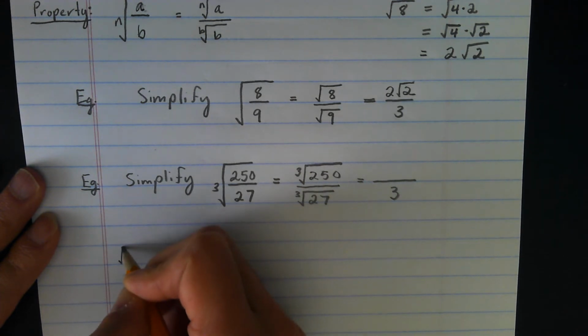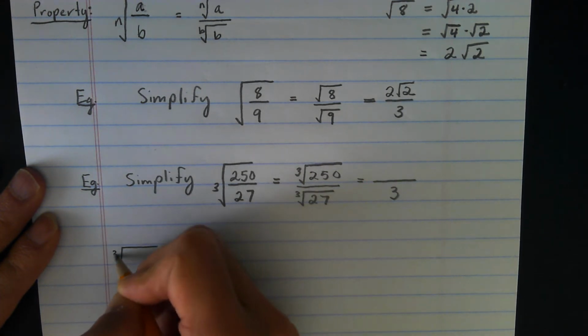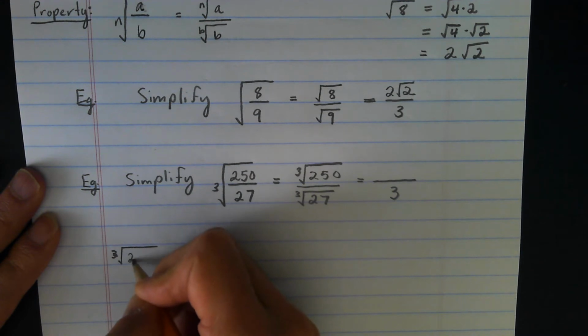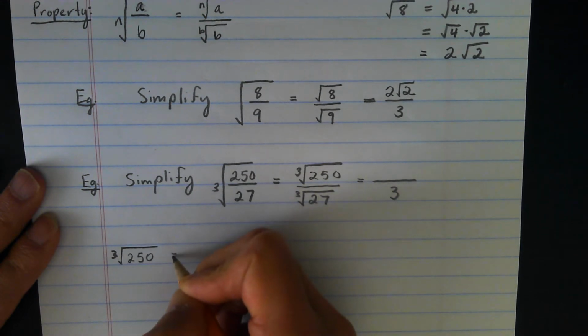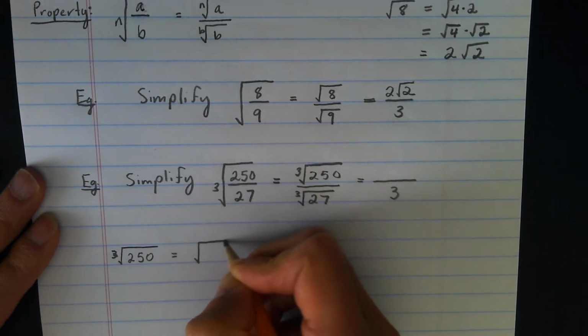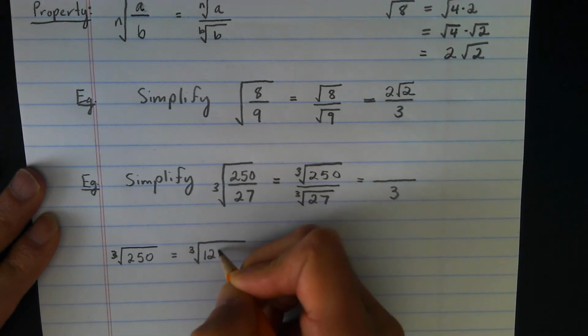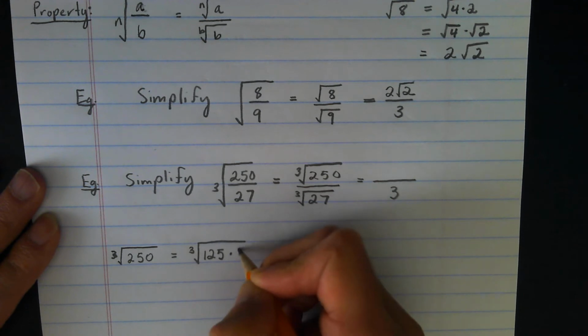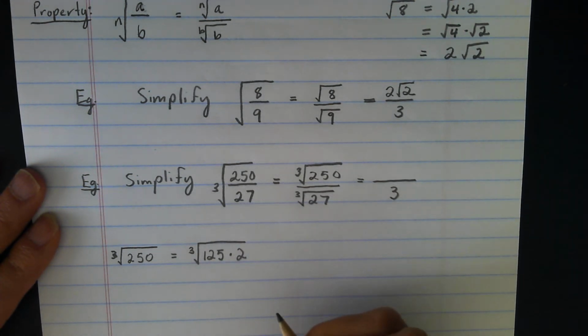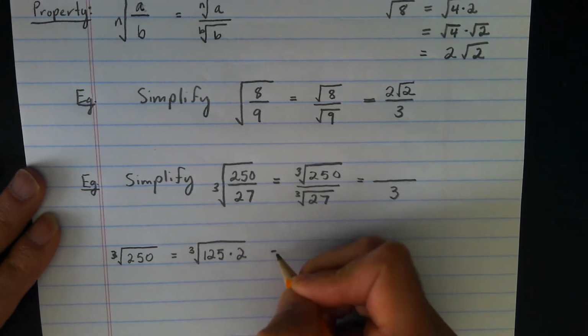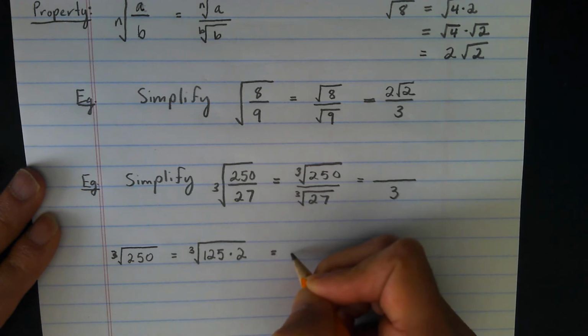What do we have? We've got the cube root of 250 is equal to the cube root. Remember, I'm just looking for the factors of 250 that are perfect cubes. In this case, we have 125 as a perfect cube. And then I can break it into two radicals.